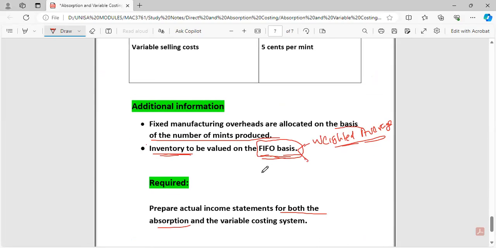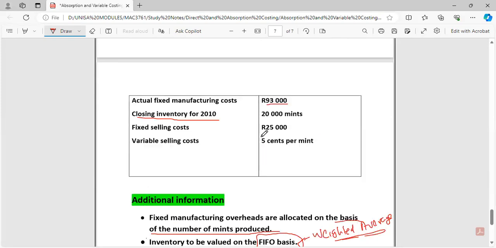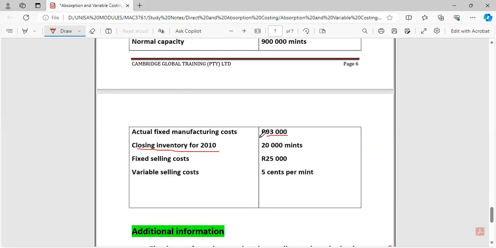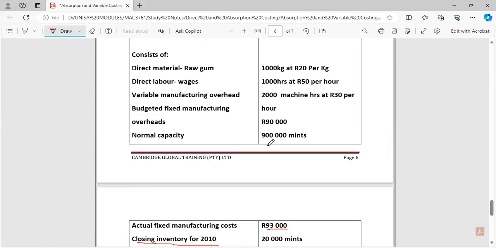They say fixed manufacturing overheads are allocated on the basis of the number of units produced. So we're going to do fixed manufacturing overheads on the number of units produced.